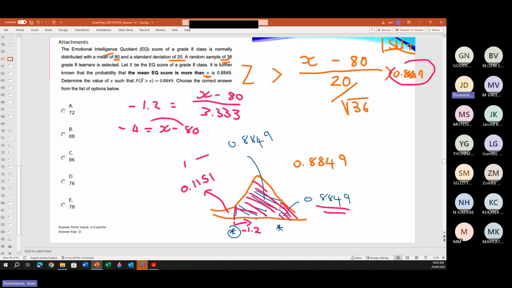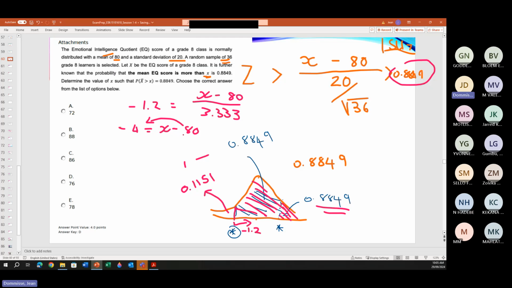And if I then take that 80 over, minus 4 plus 80, I get that x is equal to 76, which is option D.